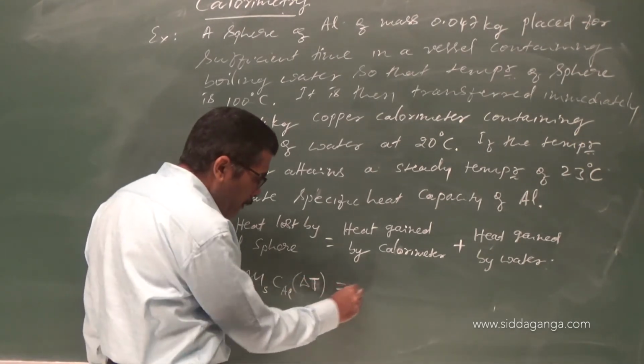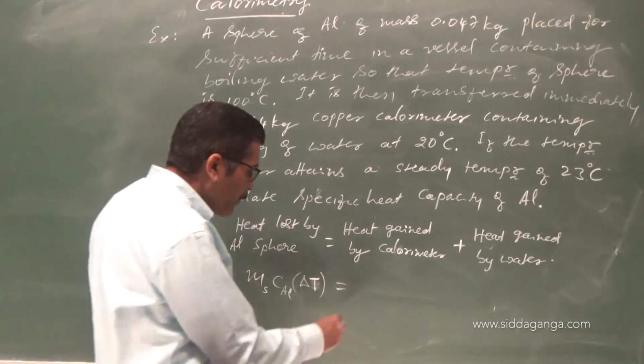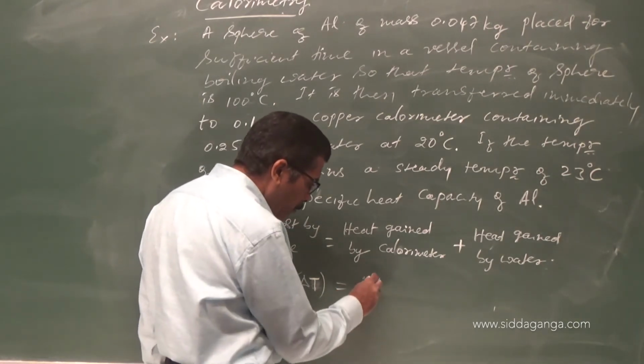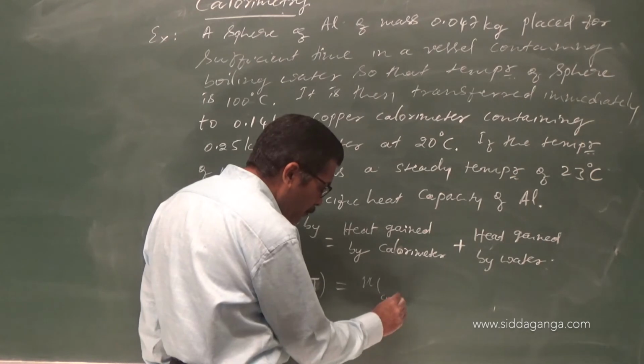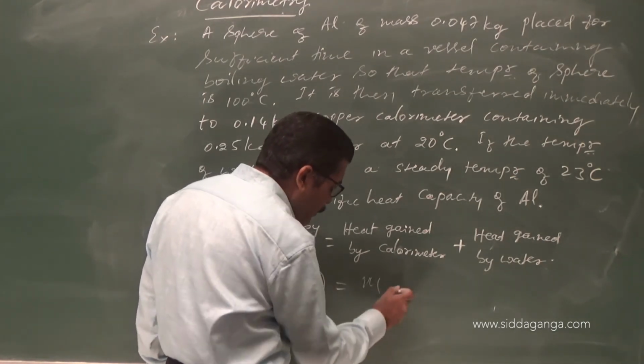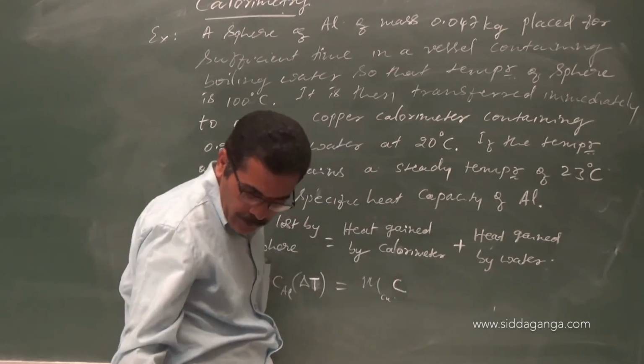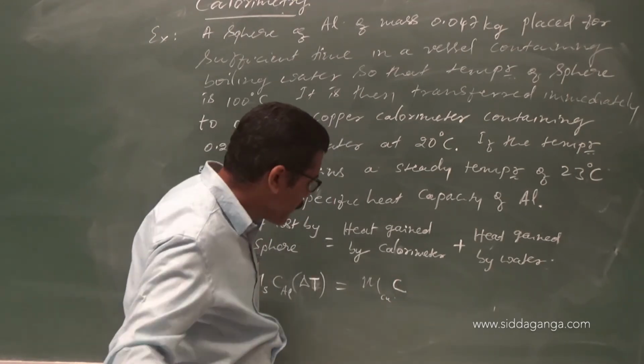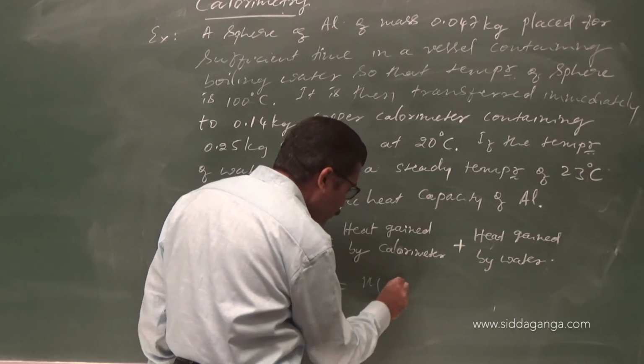See here, mass of calorimeter. See, this is made of copper. Specific capacity of copper.